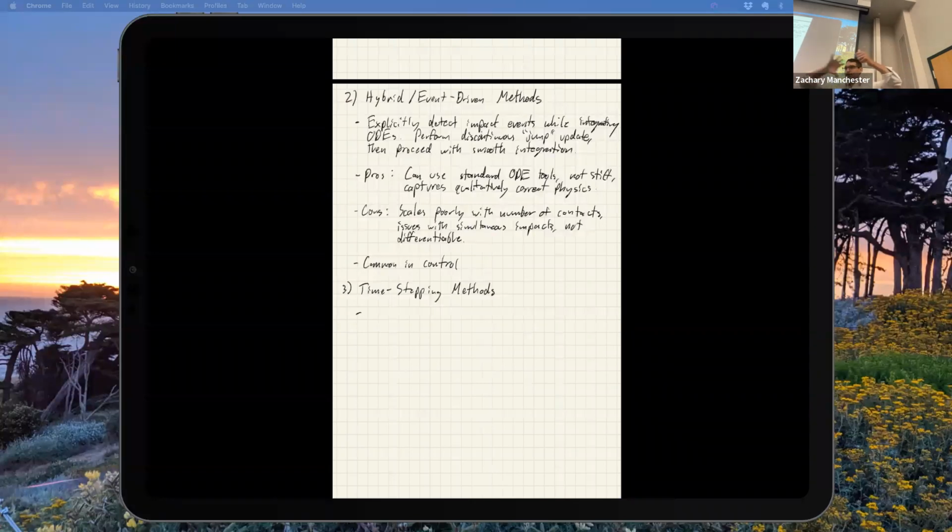I explicitly set that up as an inequality constrained optimization problem. The forces end up being Lagrange multipliers. I solve that problem to find the contact force that makes sure the foot doesn't go through the ground at the next time step. That's the gist of how this works, and we will do the details later.